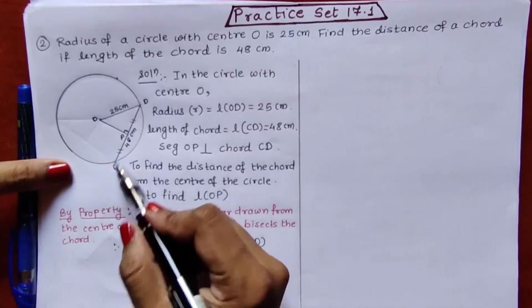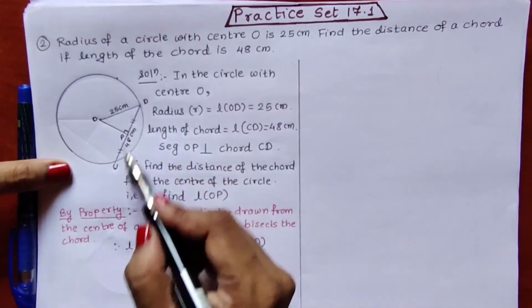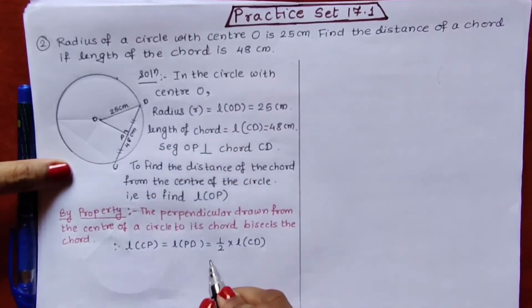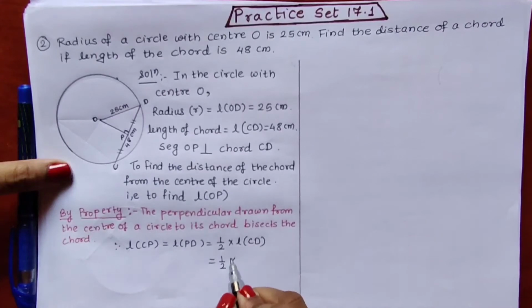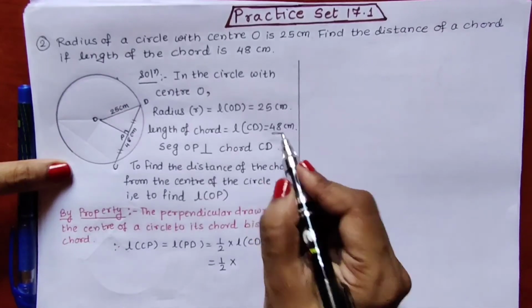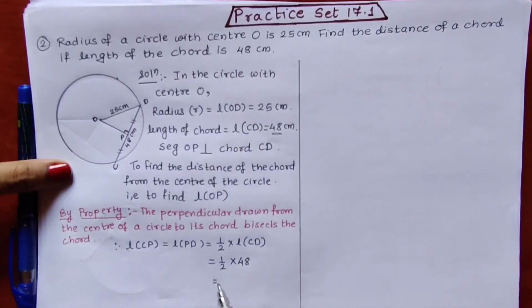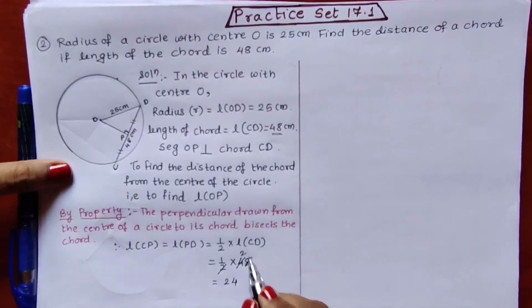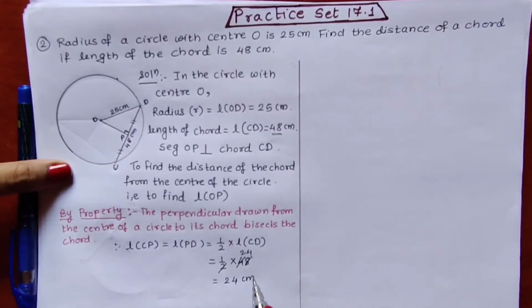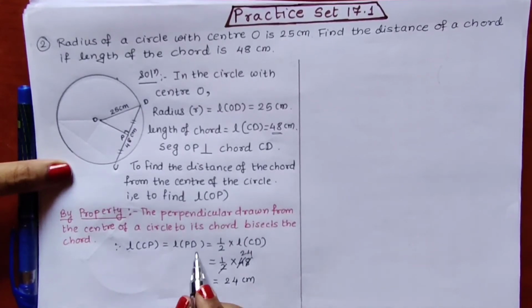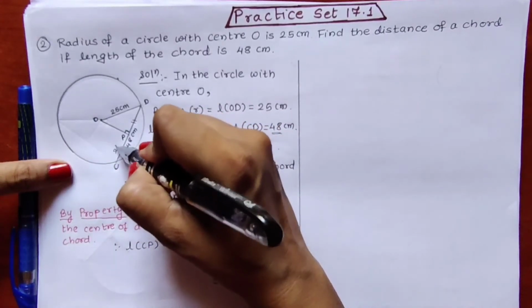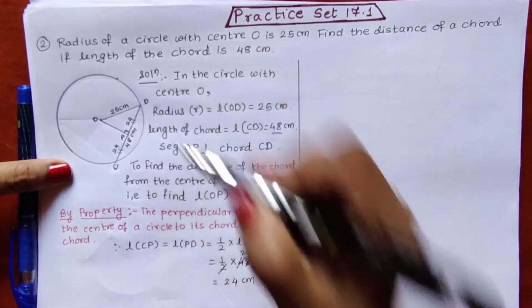So half of CD means half multiplied by CD. The length is 48 centimeter, which is given. So it is equal to 24. Two 2s are 4 and two 4s are 8. So 24 centimeter is the length of CP and PD. CP is 24 and PD is also 24.